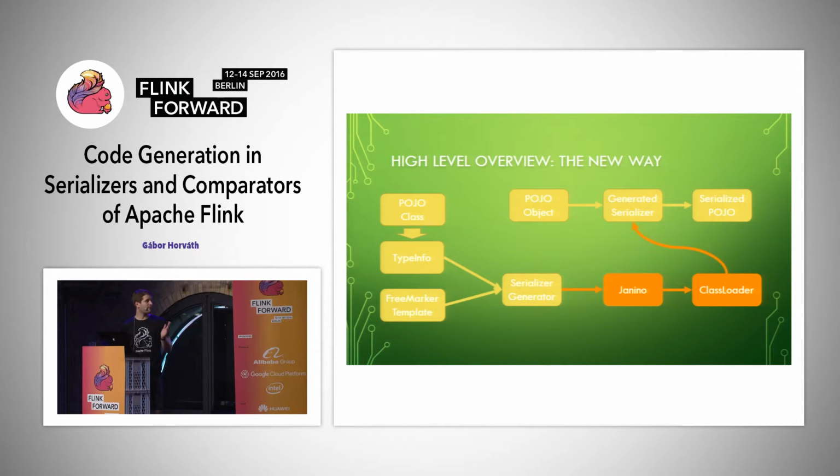The type information is the same as earlier, but instead the type info will not generate the serializer, but it will invoke a serializer generator that will read some templates that have the skeleton of how the serializer code should look like, fill in the missing gaps, and then it will pass the code to the Janino compiler. And the Janino compiler will create a class loader.